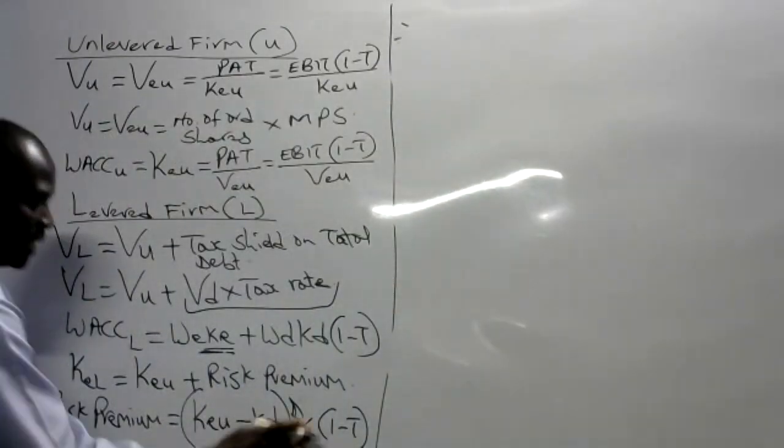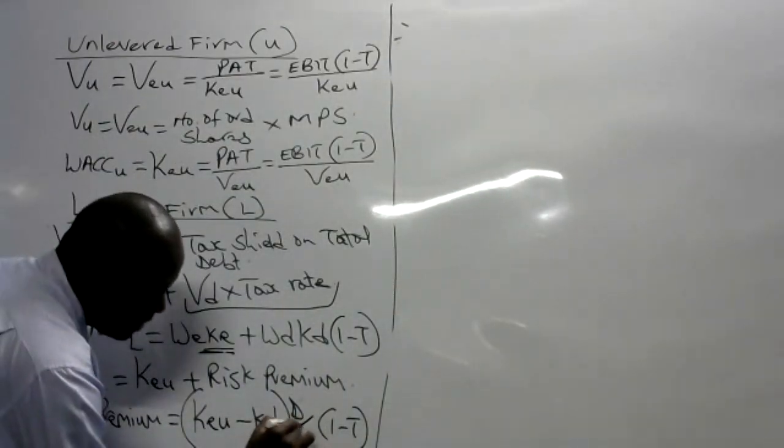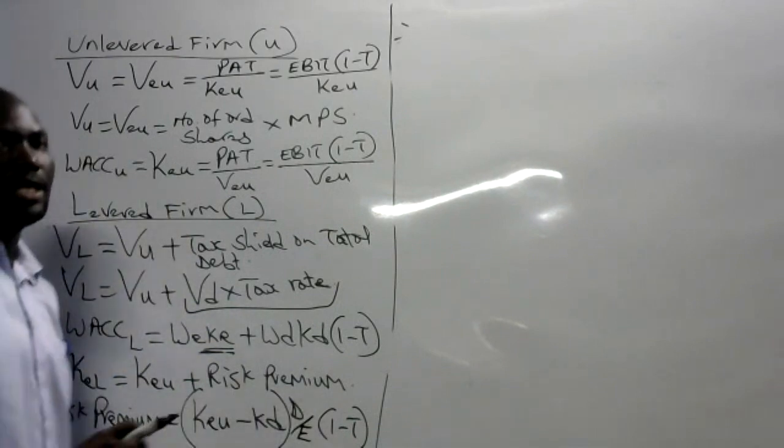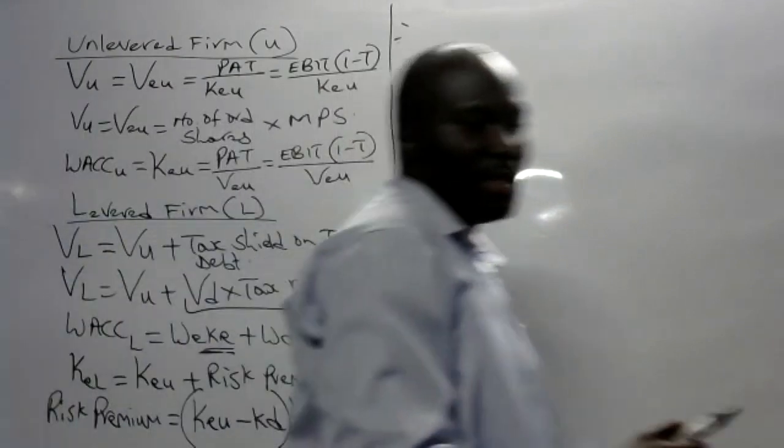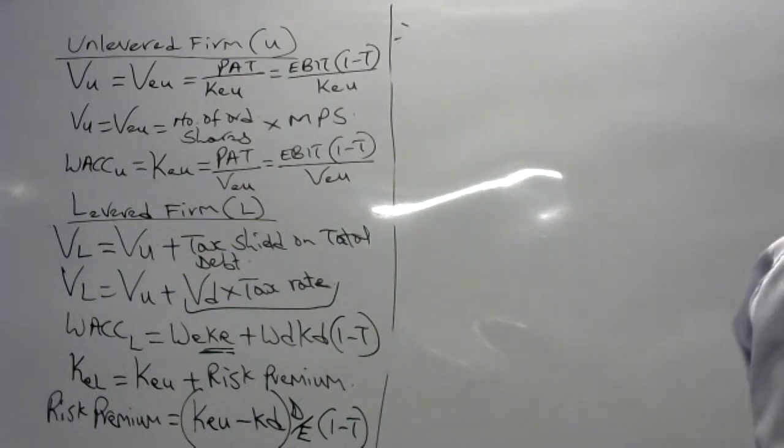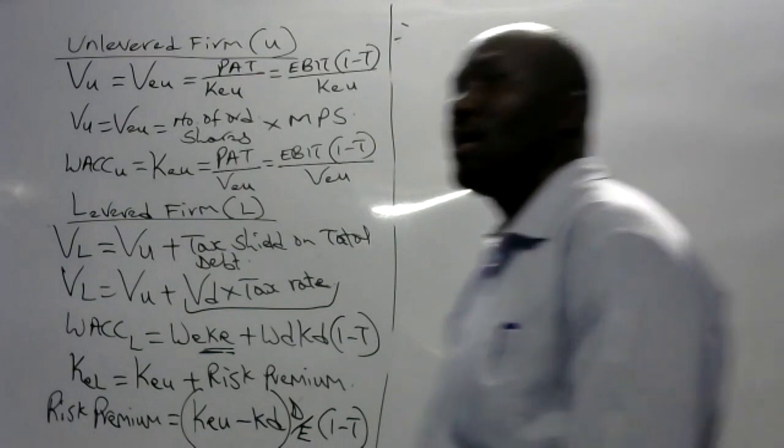Debt over equity adjusted for tax. Wale wanapenda kusumbua vitu wanasema debt to equity ratio.